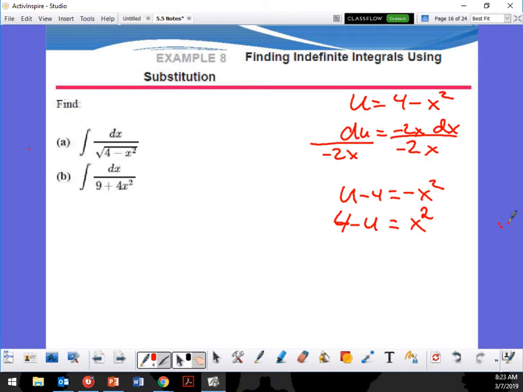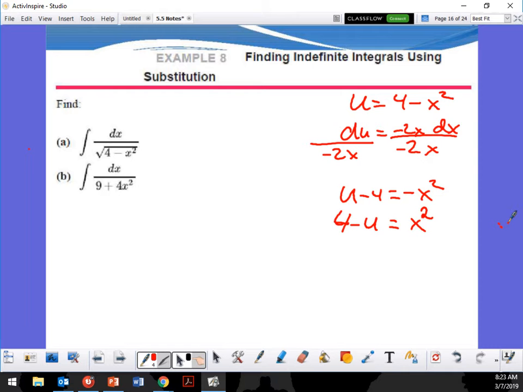Okay, so right there, that's really not going to help me, right? Is that going to help me there? No, because x squared is going to be equal to this.